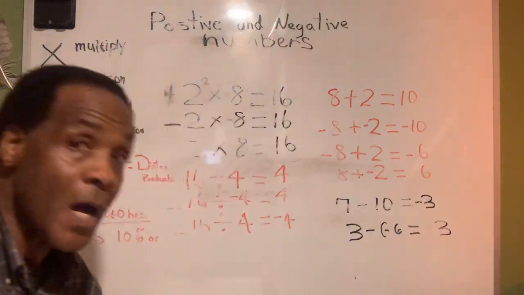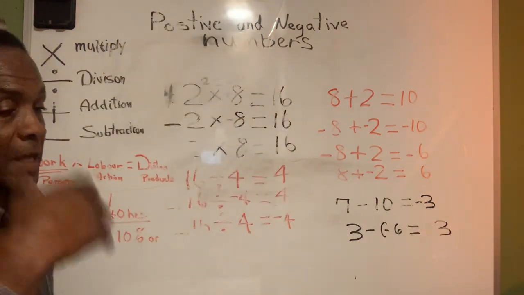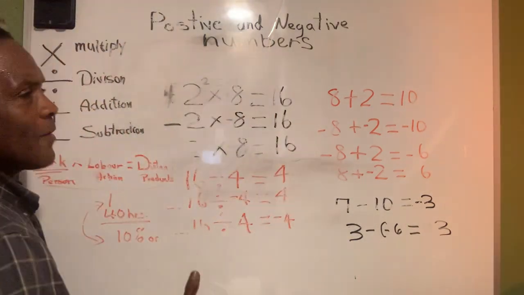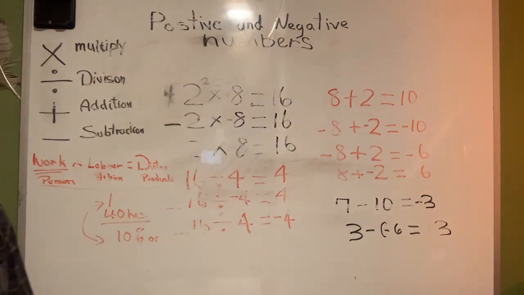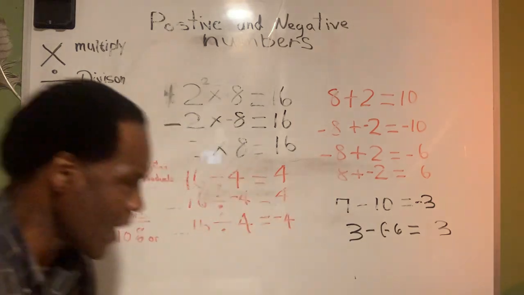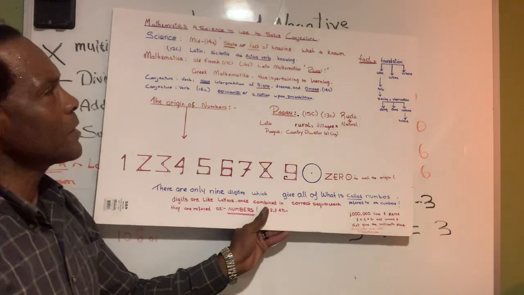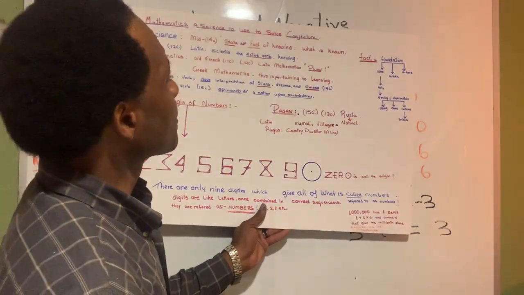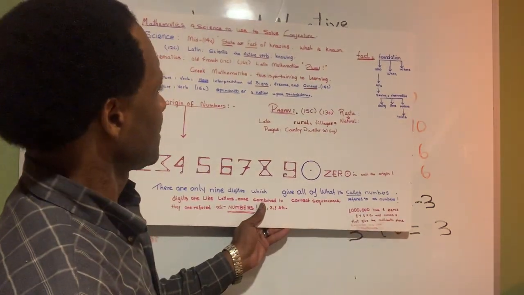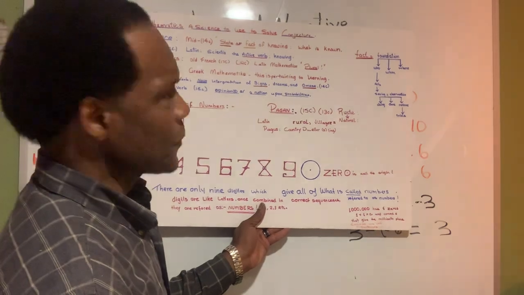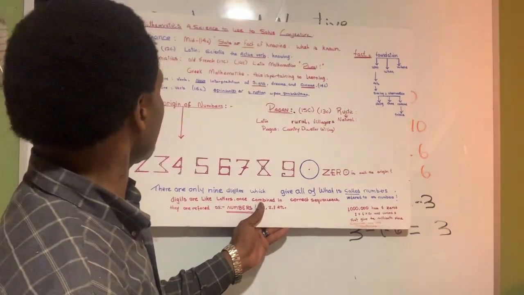You will be able to count from 1 to 12, 1 to 10, 1 to 100, but you will not have a good comprehension about mathematics. And like I said, mathematics is the science to solve conjecture. Conjecture has to do with opinions, notions, and possibilities.